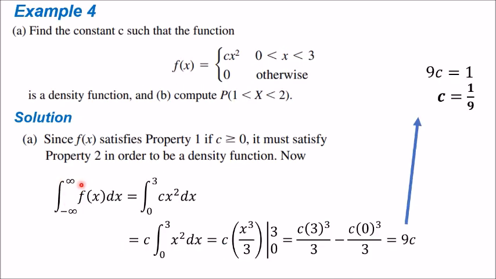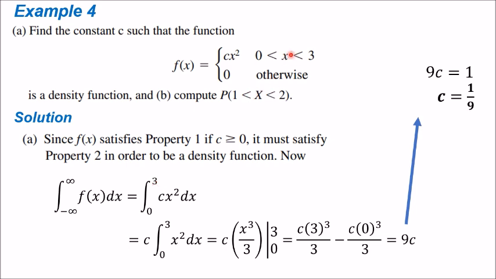And now, the integral of f(x) dx evaluated from negative infinity to positive infinity is equal to the integral of cx squared dx, because that is our function. So why does it only say from 0 to 3?